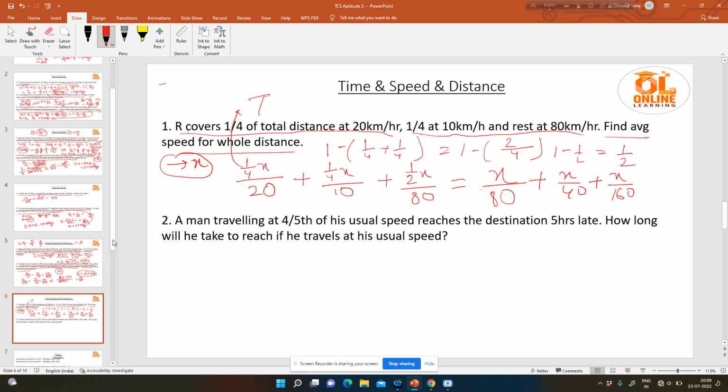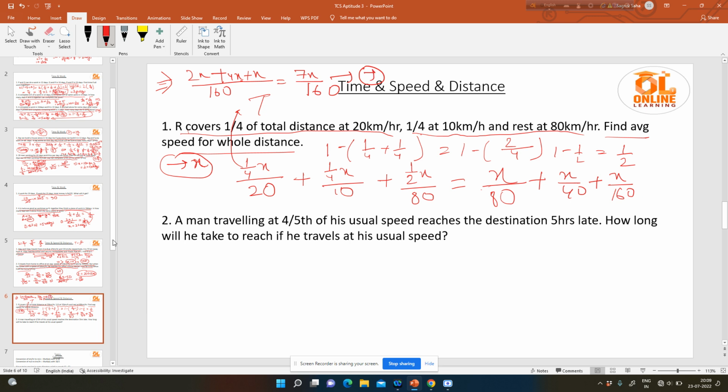Then if we take the LCM, it would be 160, right? Then it would be 2x plus 4x plus x, that is 7x by 160. It is the total time.